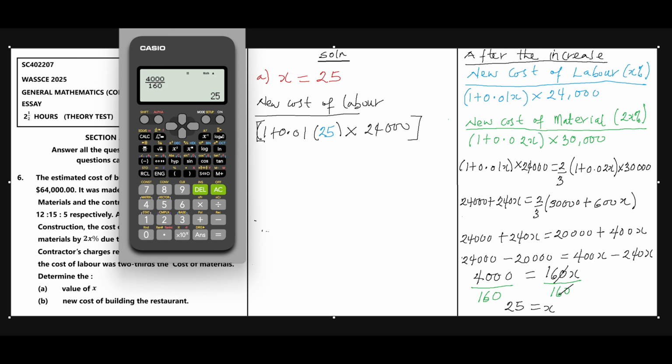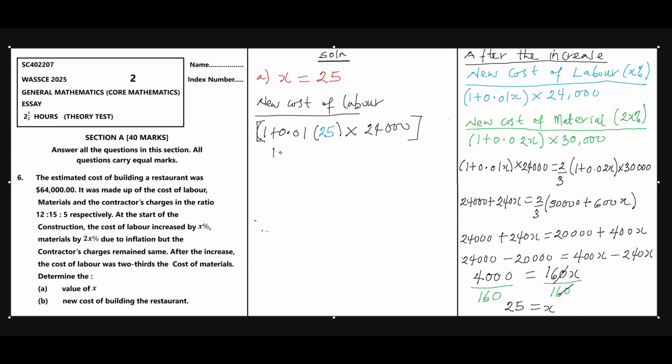So let's compute on the calculator. We have 1 plus 0.01 multiplying 25, so we have 1.25 multiplying 24,000.